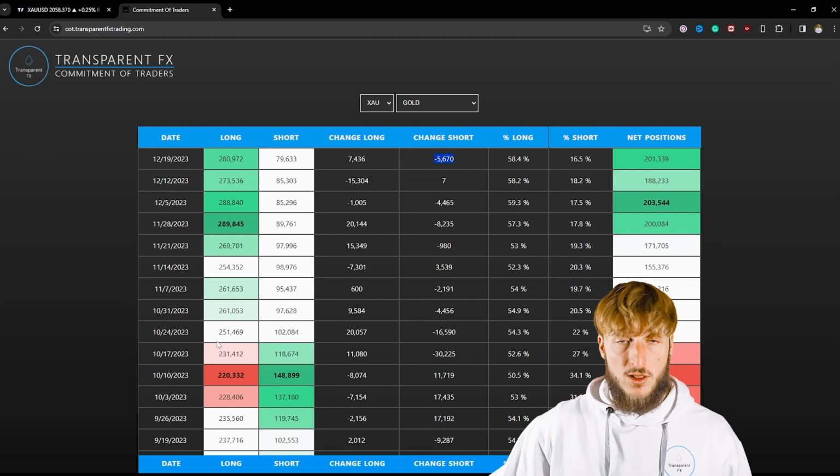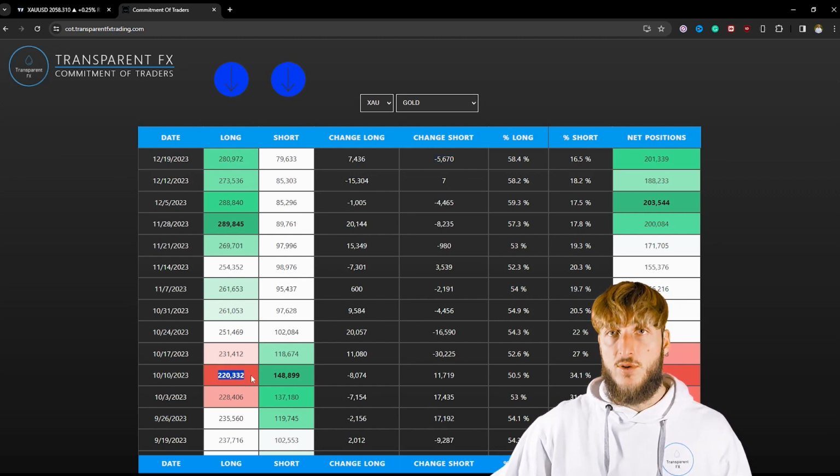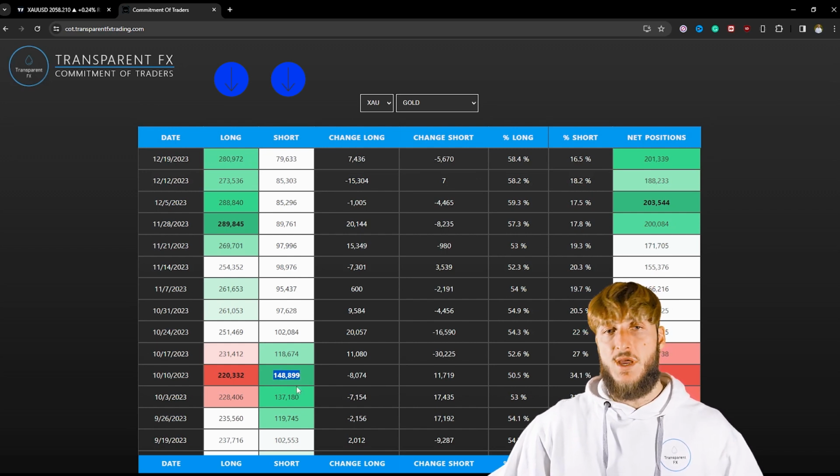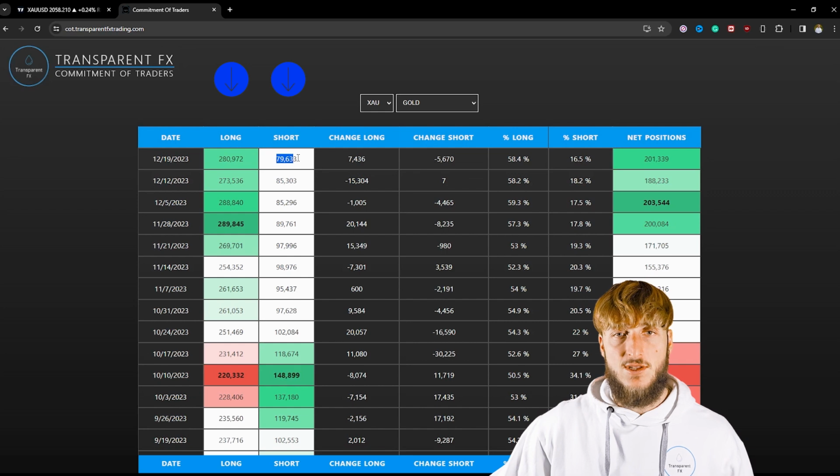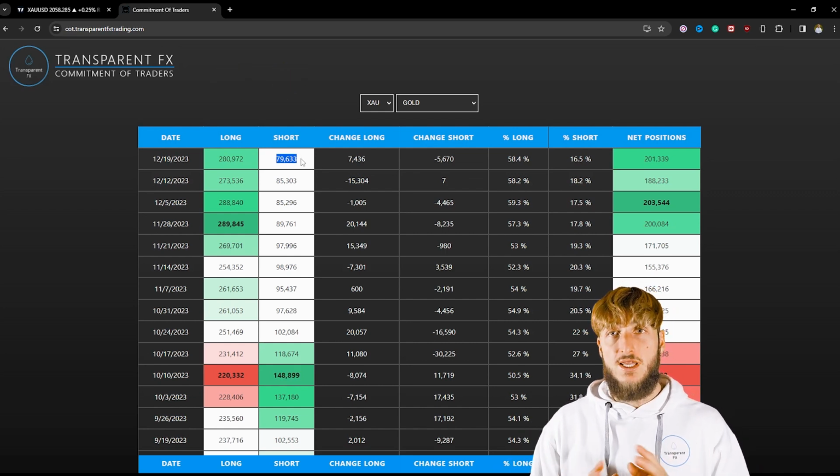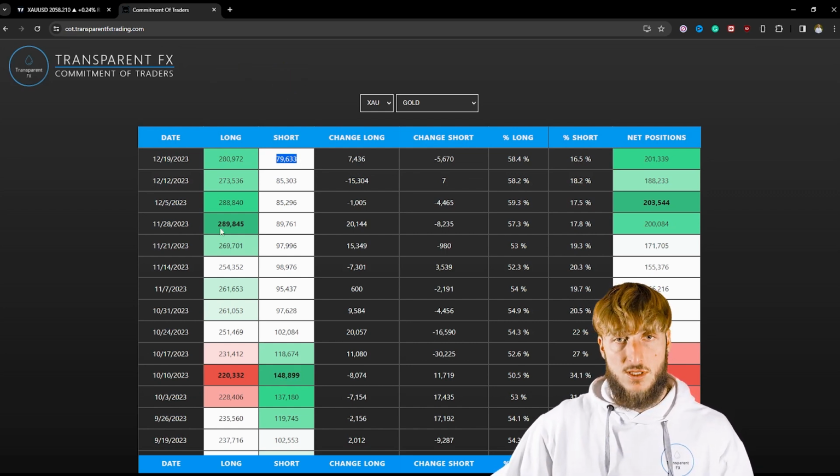And if we look at the long run, we can see how longs went from 220.3K from an institutional perspective all the way up to 280.9K, and shorts went from 148.8K from an institutional perspective all the way down to only 79.6K. So clearly institutions have been increasing their longs and decreasing their shorts.